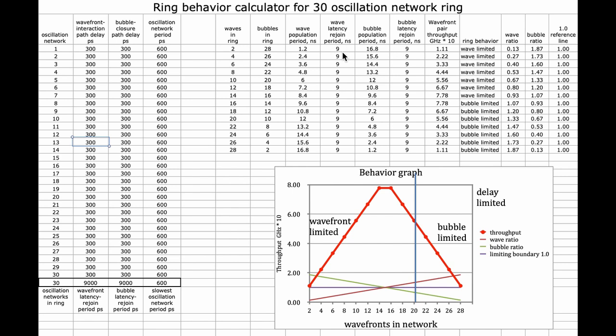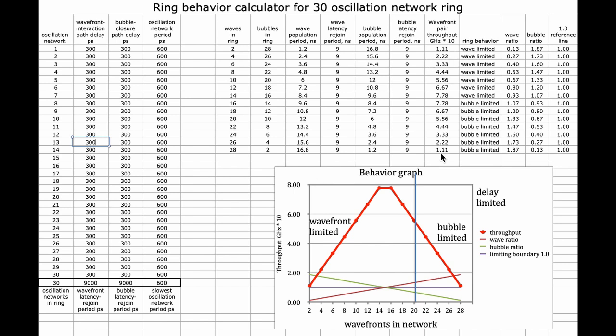And this is the wavefront rejoin latency period, which is this divided by 1,000. So that makes this nanoseconds. This is the bubble population period, which is the number of bubbles times the slowest oscillation network. And this is the bubble latency rejoin period, which is this divided by 1,000.